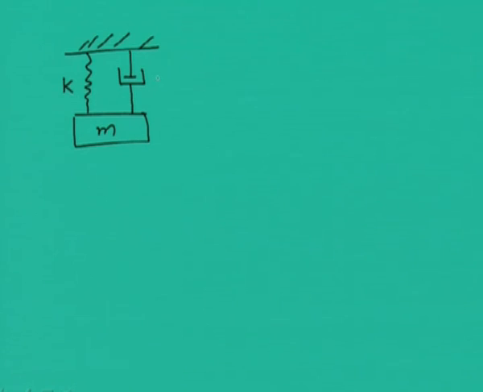But at present let us first see the representation of this particular model, in which one mass is suspended by a spring, the stiffness of which is K, and there is a damper used to dissipate energy from the system, especially kinetic energy.